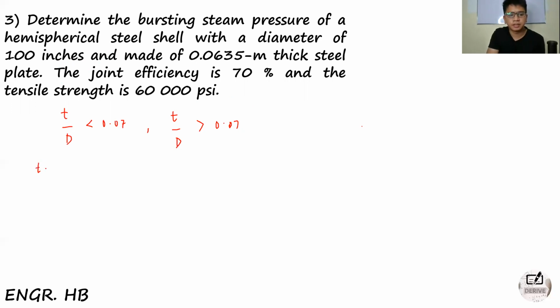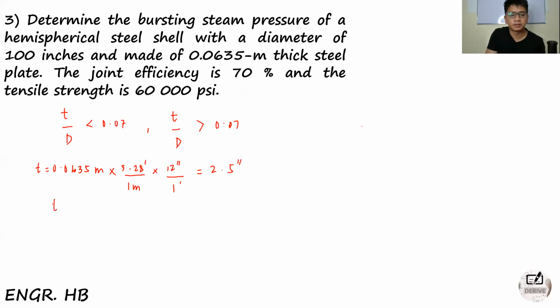So, thickness is 0.635 meters. So we all know that 1 meter is 3.28 feet and 1 feet is 12 inches. So that will become 0.635 times 3.28 times 12 inches. And you have the 2.5 inches.